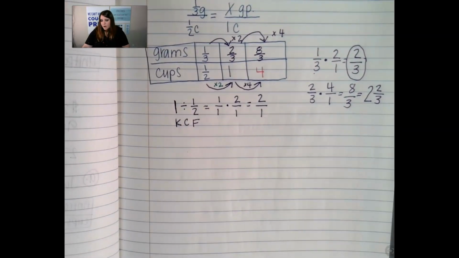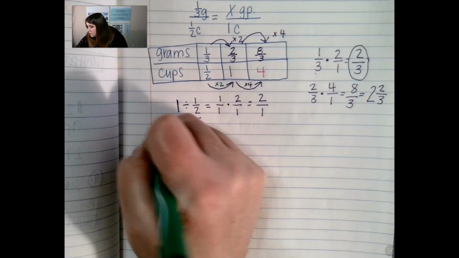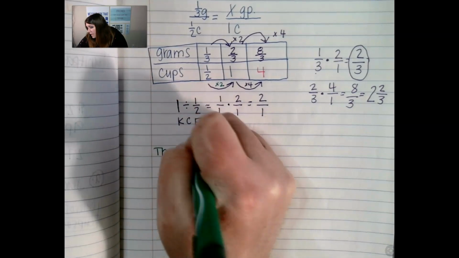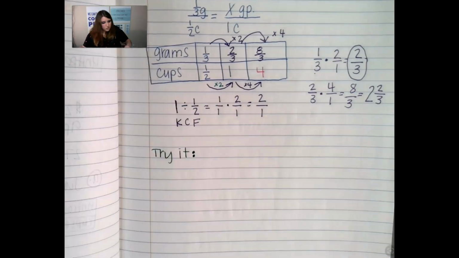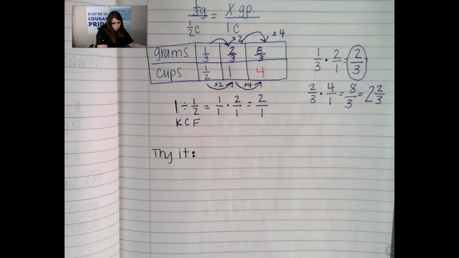All right, let's do a try it. On your try it, I would like for you to do fish. Yes, let's go fishing. How much is it on the cost per pound?